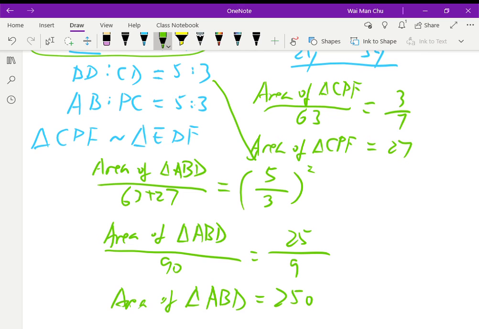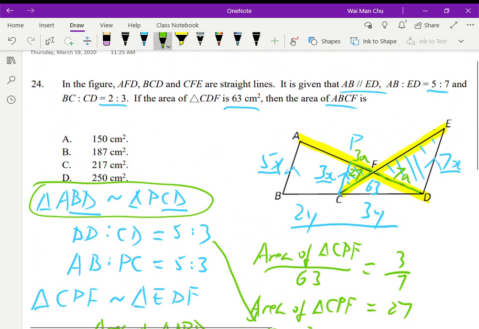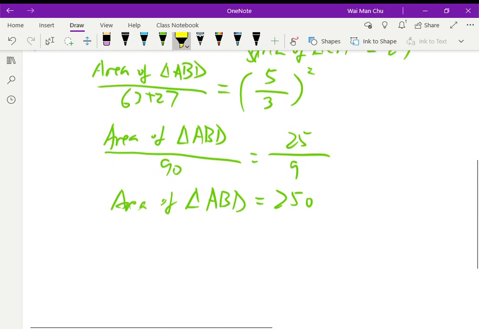And in case you already forgot what is being asked, we are asking for the area of ABCF. So of course, it is the entire triangle ABD subtracted by the given 63 cm square. So let me complete the question here.